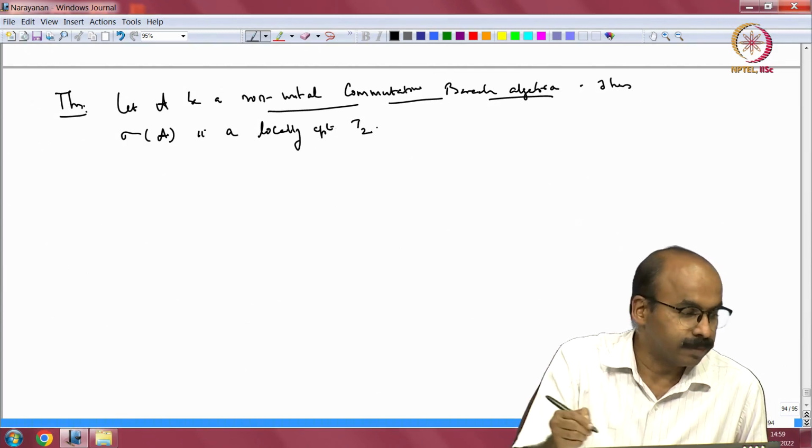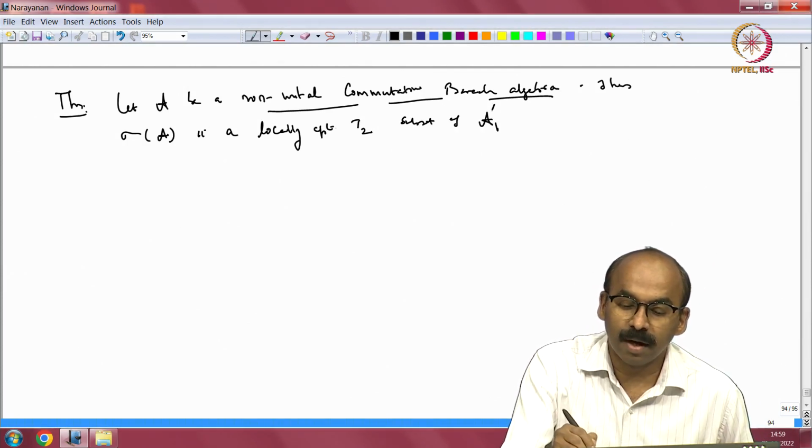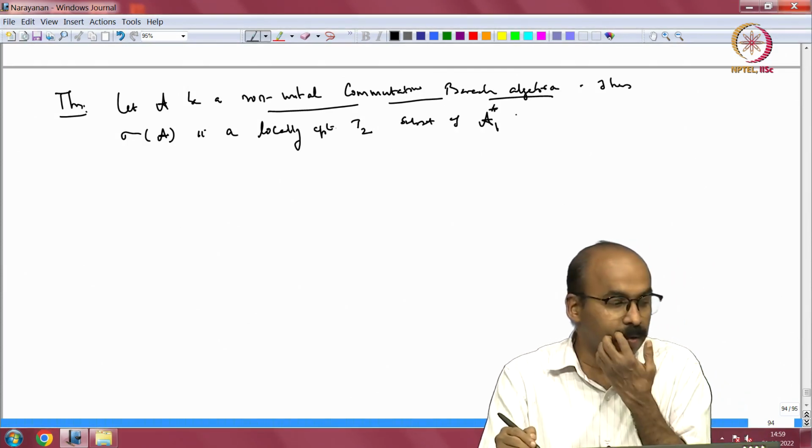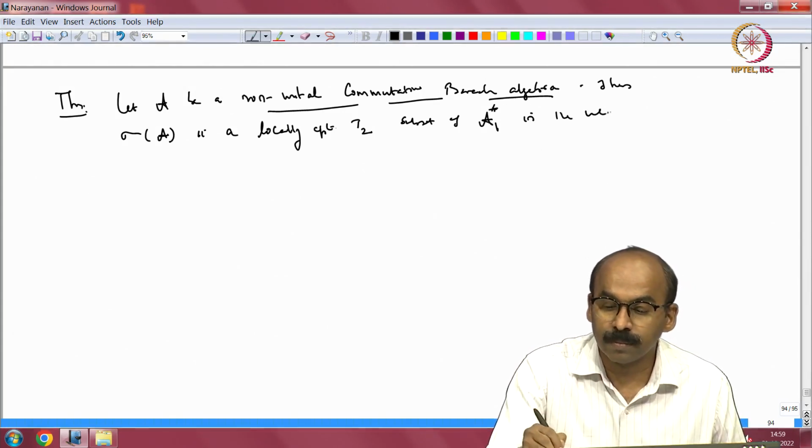Hausdorff space, right, and it is a locally compact Hausdorff subset of A1 star, that is the unit ball in A star in the weak star topology, right.